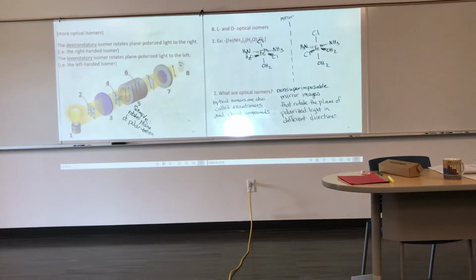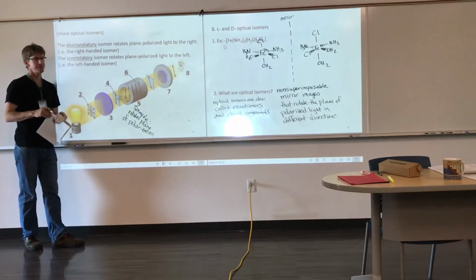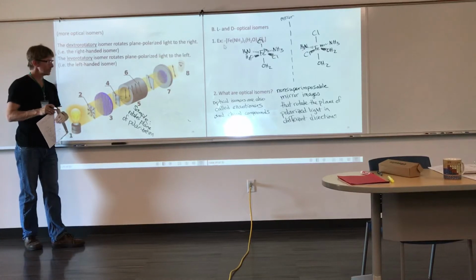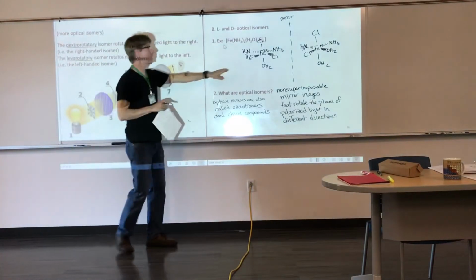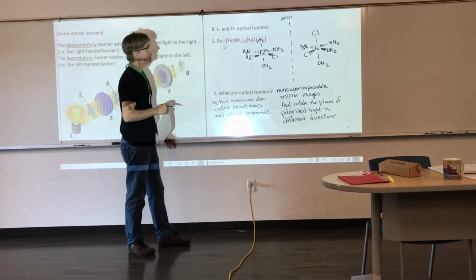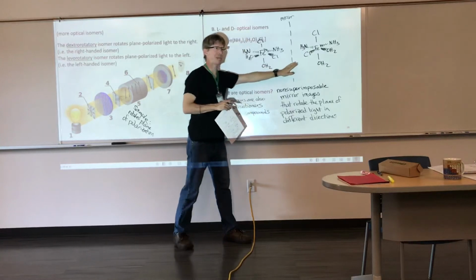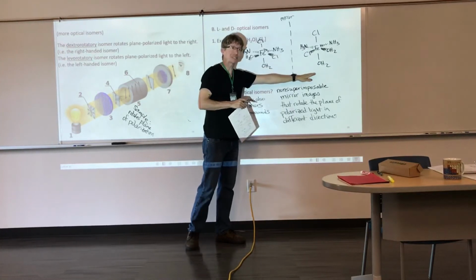Question? Yeah, so in the sample, would you have optical isomers? You'd have one of these, right? And the thing that's not clear is which one is right and which one's left. You actually have to test them to see.